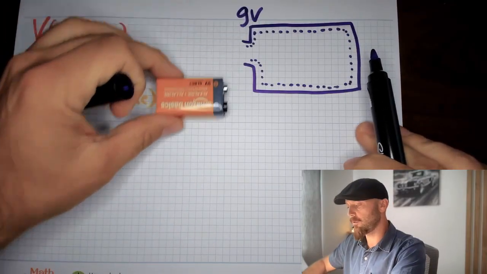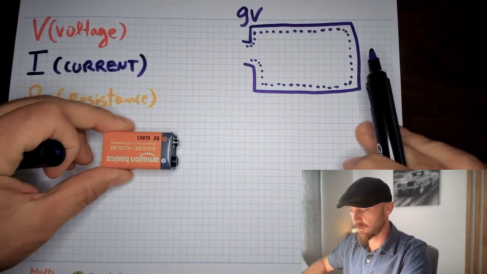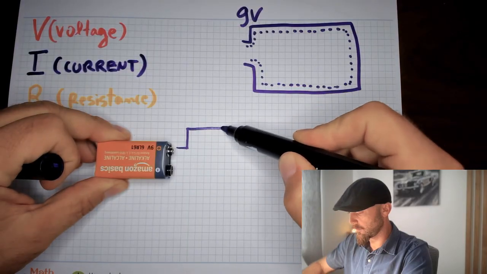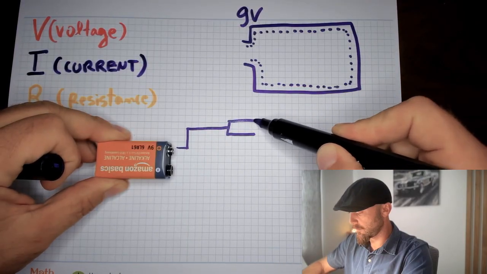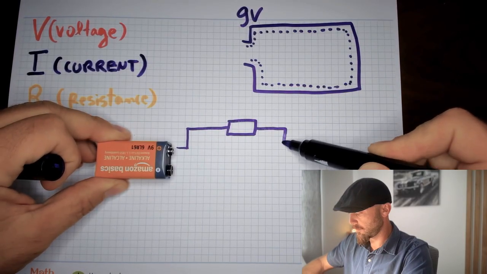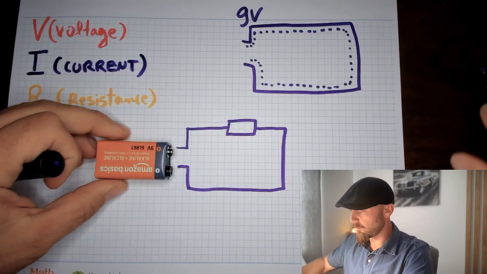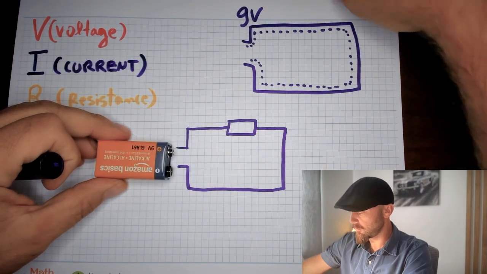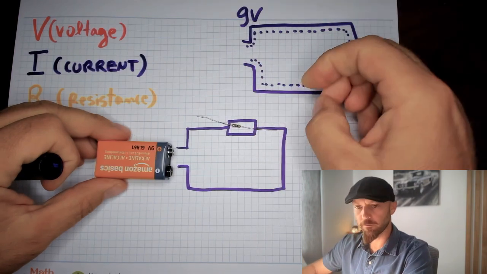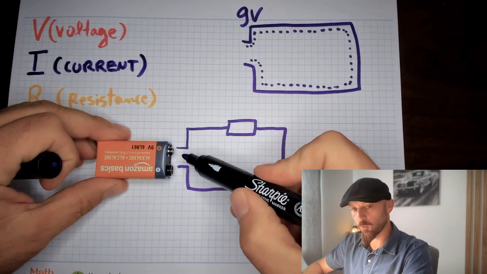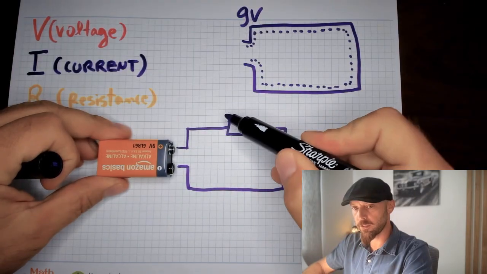Now, if I do the same thing, however, I introduce a resistor, such as this one right here, what would happen? Still 9 volts of pressure is coming out from this end.